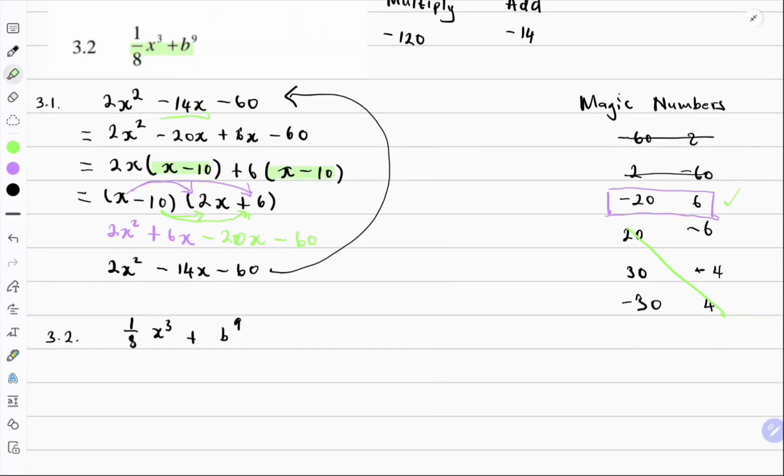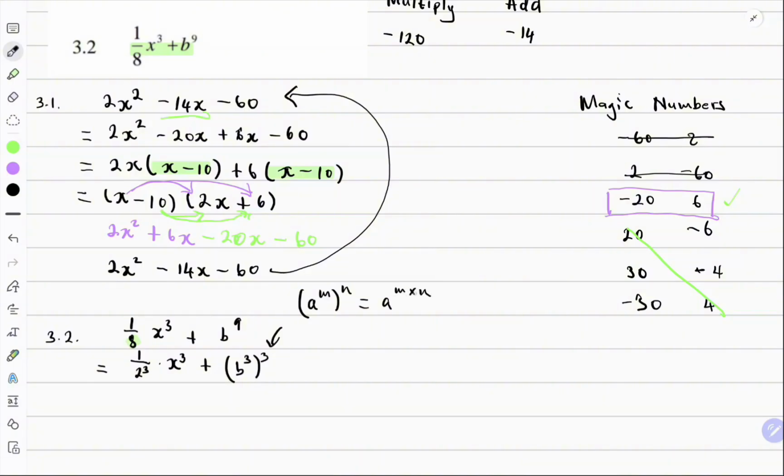You'll notice that 8 here can be written as 2 to the power of 3, because 2 to the power of 3 is 8, times x cubed, plus, and this b to the power of 9 can be written as b cubed to the power of 3. I've just used the power rule, which states that a to the power of m, raised to the power of n, is equal to a to the power of m times n.